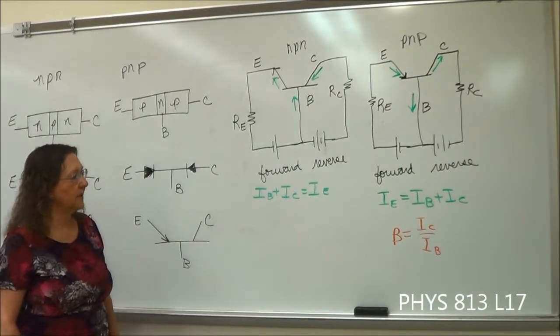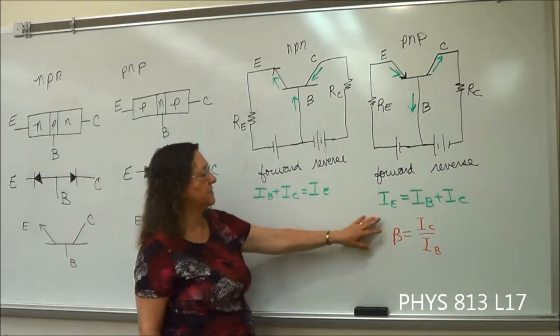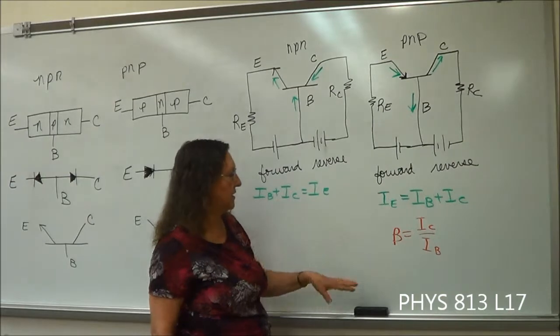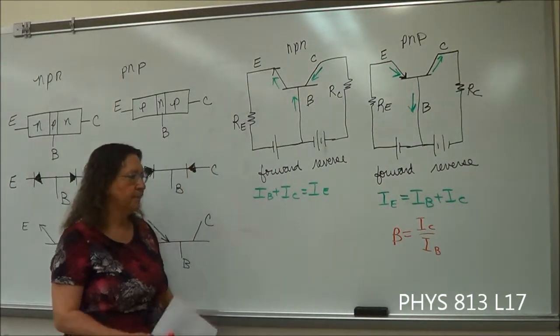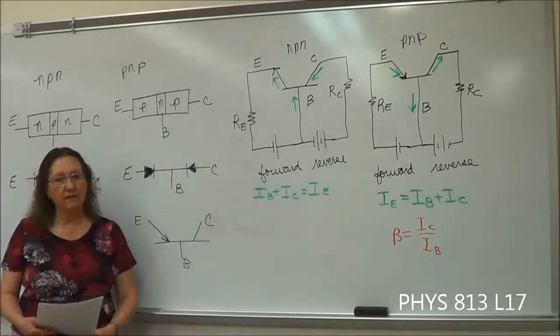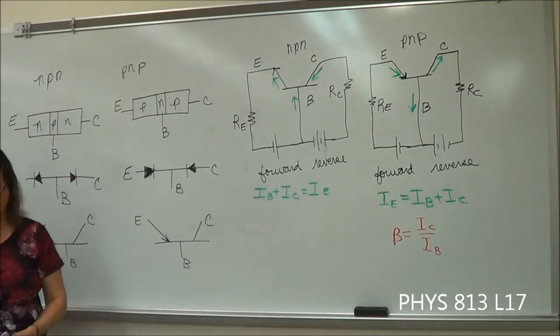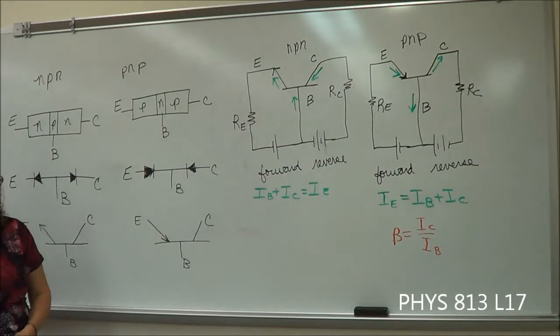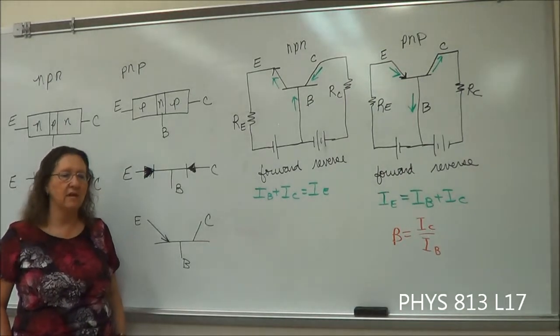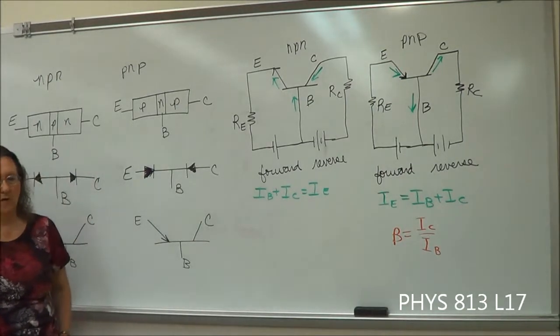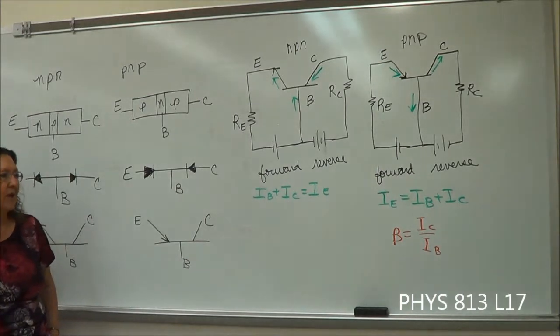And I'm going to talk about this beta some at different points along the way today, but it's called the gain. It's also called the beta factor for the transistor. And when these transistors are manufactured, they cannot be manufactured identical to each other, even if they're trying to make it happen that way.